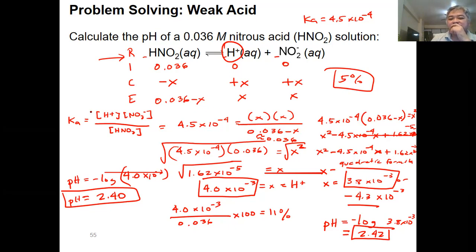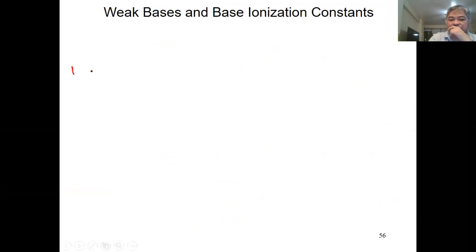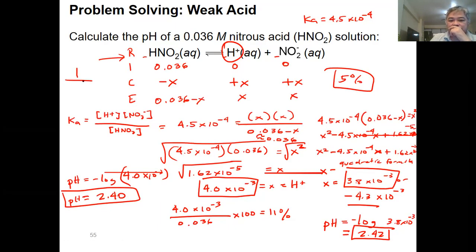The other rule that they have is initial concentration divided by K. That should be 1,000. And I think this number divided by this is less than 1,000.